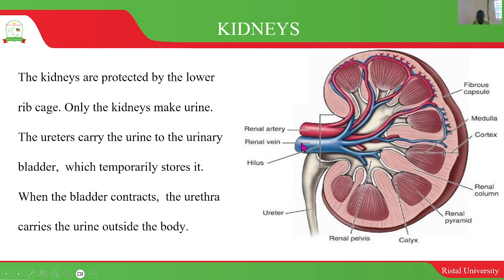So alongside it also we have the renal vein, okay, and this part here where the ureter connects with the kidney is what we call the hilus. So this is basically a brief overview of the transverse section of the kidney.